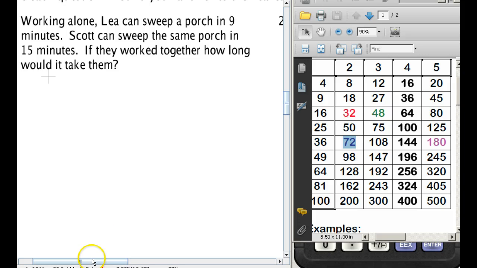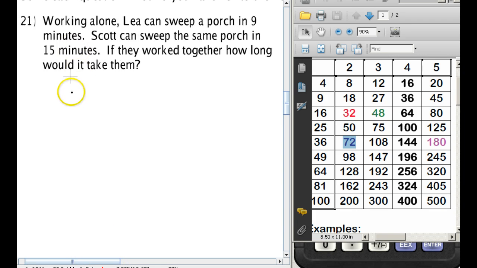Just recall that on these, the format is this: 1 over A plus 1 over B equals 1 over T, where A and B are the individuals, and T is the total.